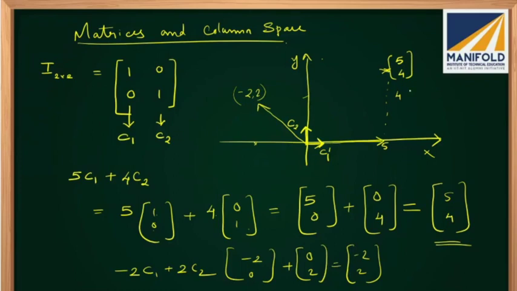Here we have a two-dimensional space, and it is spanned by these two column vectors. So I can say this matrix will span a two-dimensional space. So that is about two vectors and linear combinations spanning the XY plane.